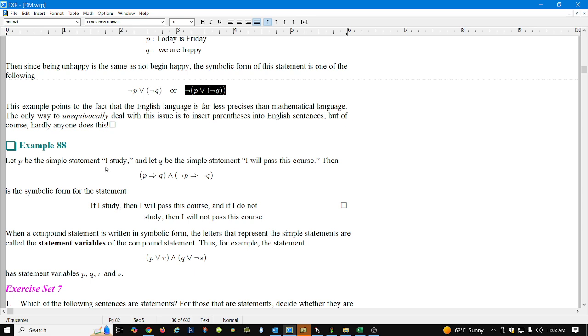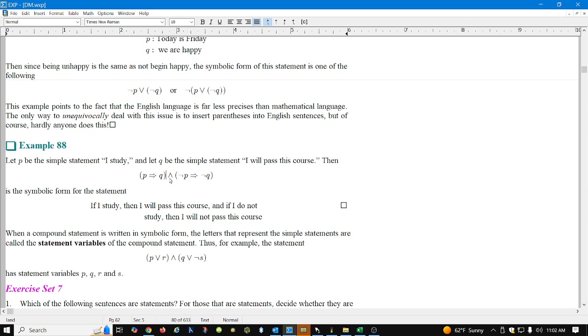Let P be the statement I study, and Q, I will pass this course. Then how would you write this in English? Well, this is P implies Q and not P implies not Q. And I'm going to leave the parentheses off of this one. If I study, then I will pass this course.